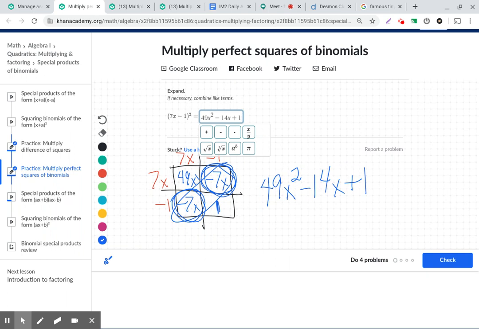Okay, 1, 2, 3. Classwork. Number 16 notes.